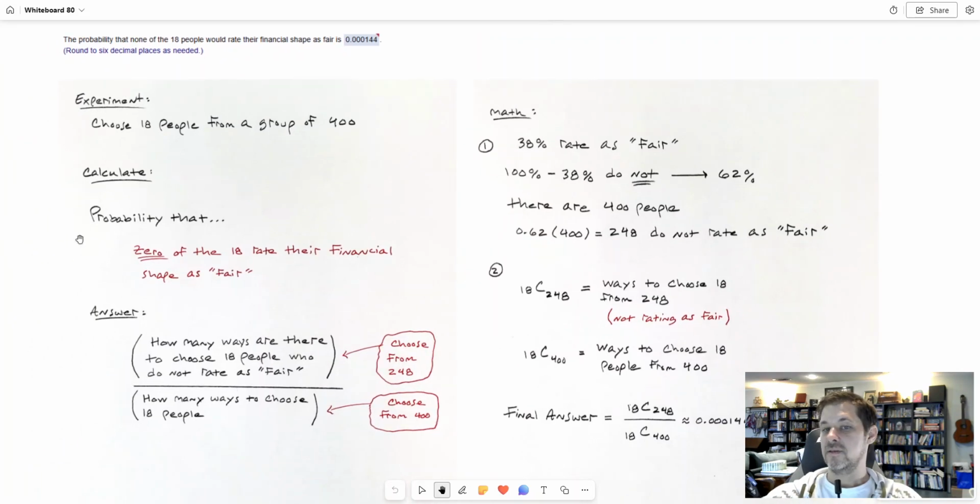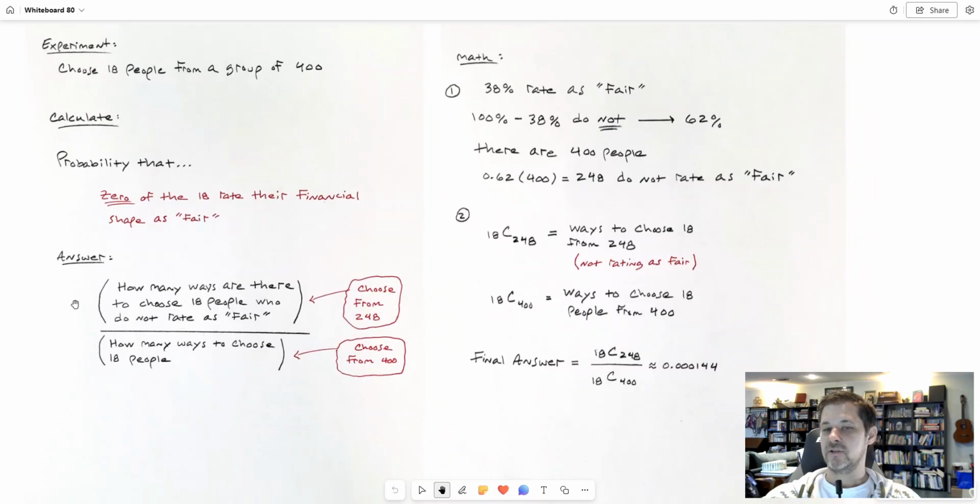If I'm going to pick 18 people and none of them rate their financial shape as fair, I have to count up the number of ways to choose 18 from that group of 248. That's why right here I'm saying I've got 248 people to pick 18 people from.